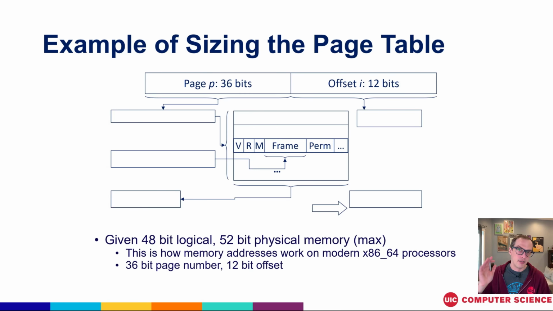In a real honest to goodness machine, the one that you're probably watching this lecture on right now, if it's a desktop class machine, has a 48-bit logical address space. Its virtual address space is 48 bits, and its physical address space is 52 bits. That's what we've been using for several years now on Intel, AMD desktop class machines.